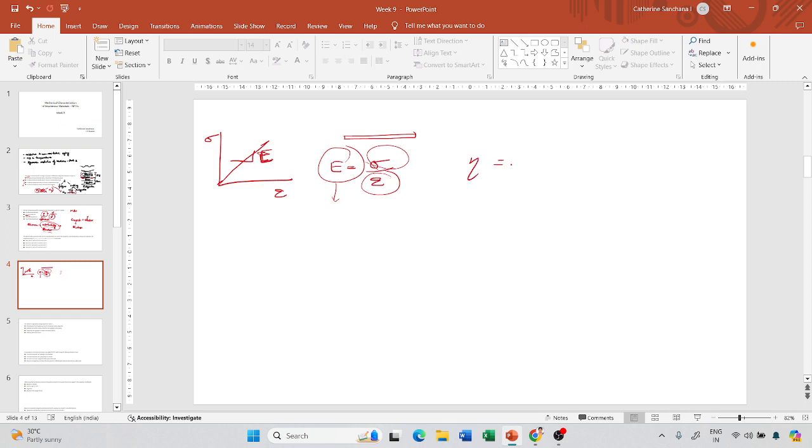Similarly, in the case of viscosity, there is a shear stress and there is a shear rate. If I apply a shear rate to a material, it's going to have some shear stress.